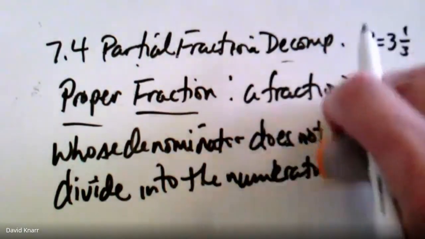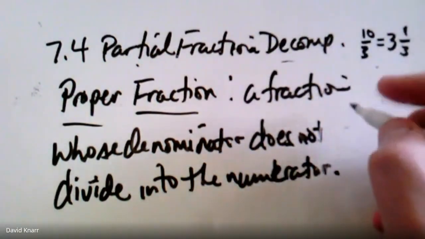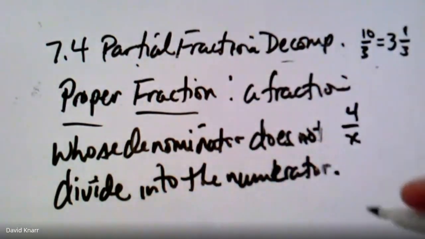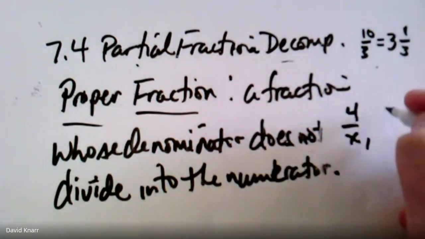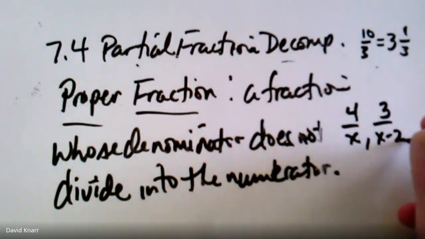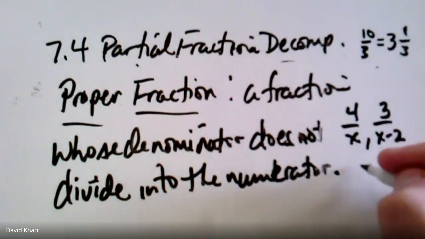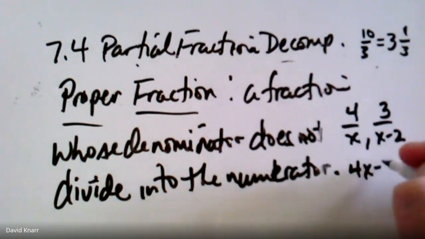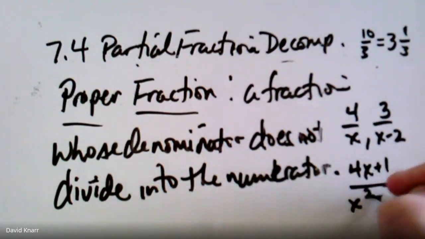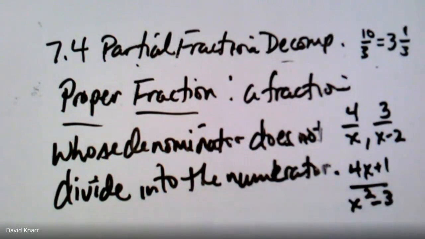Here are some algebraic proper fractions. 4 over x is a proper fraction. 3 over x minus 2 is a proper fraction. 4x plus 1 over x squared minus 3 is a proper fraction because x doesn't go into 4, x minus 2 doesn't go into 3, and x squared minus 3 doesn't go into 4x plus 1.